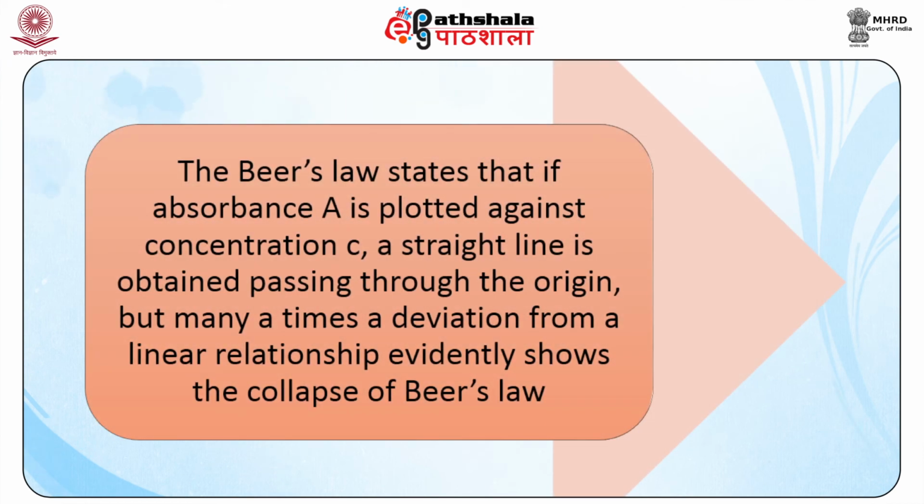Beer's law states that if absorbance, represented by capital A, is plotted against concentration, represented by small c, the result is a straight line passing through the origin. But many times a deviation from a linear relationship evidently shows the collapse of Beer's law.